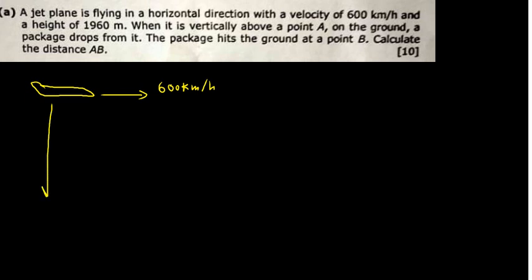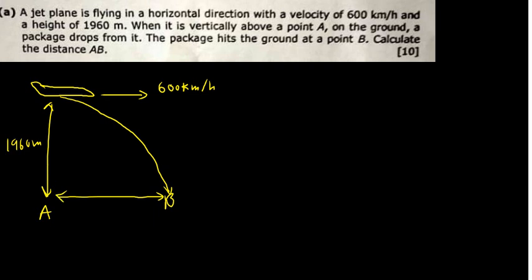So the distance from the bottom here is 1960 meters. When it is vertically above a point A on the ground, a package is released from it, and that package is going to drop. The package hits the ground at a point B. Calculate the distance AB. So we want to calculate this distance. What will it be?